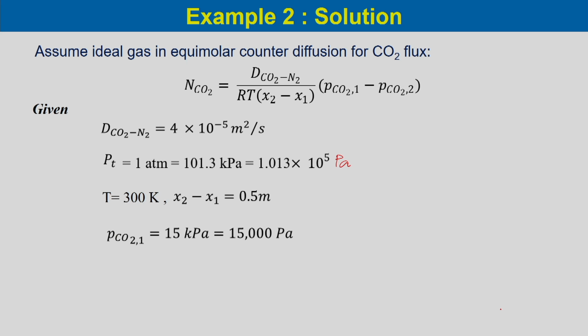Partial pressure of CO2 at 1 is 15 kilopascal, which is 15,000 pascal, and partial pressure of CO2 at 2 is 5 kilopascal, which is 5,000 pascal. R is known, 8314 pascal meter cube per kilomole Kelvin.